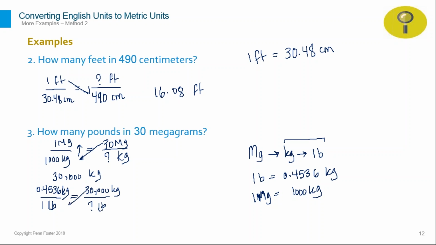Simply multiply and divide. So it's the same as dividing 30,000 over 0.4536. If you divide that, you will find out that the answer is 66,137.57 pounds. So there are that many pounds in 30 megagrams.